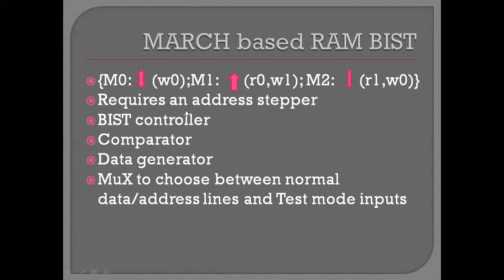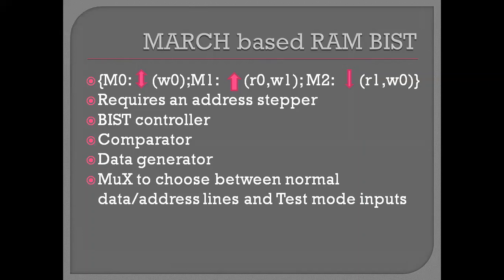BIST controller, that is a control logic that can be FSM based, ROM based, processor based. Comparator, which we have seen to be a mutual comparator. A data generator, which is essentially an LFSR only, which can be used or multiplexed to be used with the LFSR used for address generator.